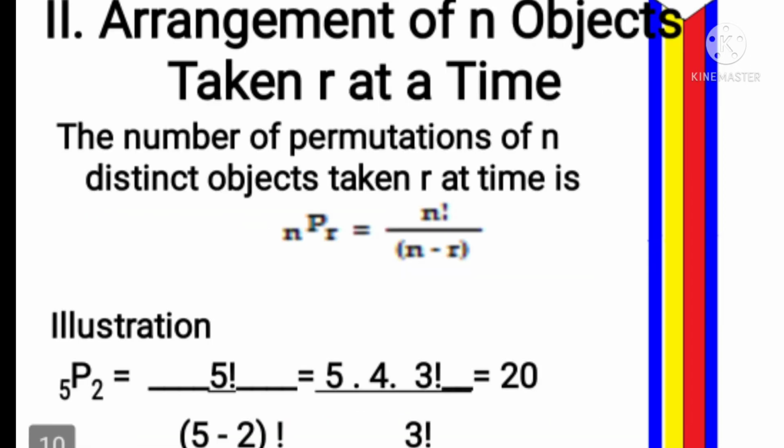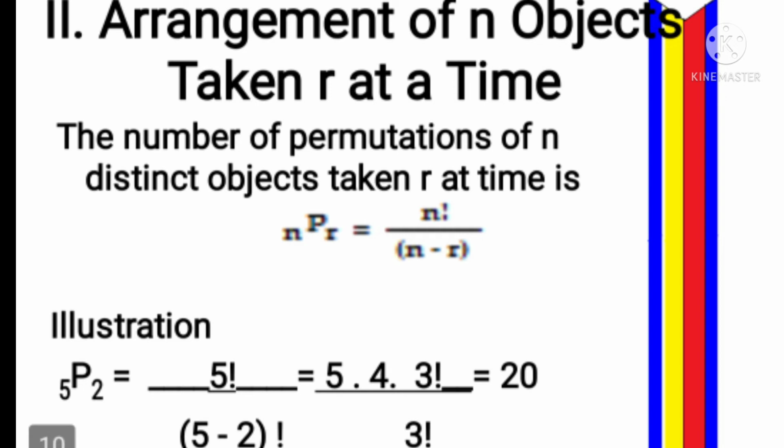So, rule number 2: arrangement of n objects taken r at a time. The number of permutations of n distinct objects taken r at a time is nPr, which is equal to n factorial over (n minus r) factorial.